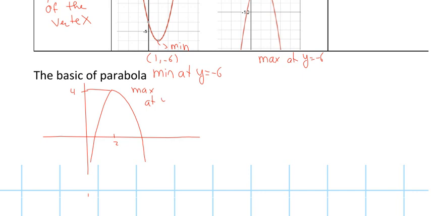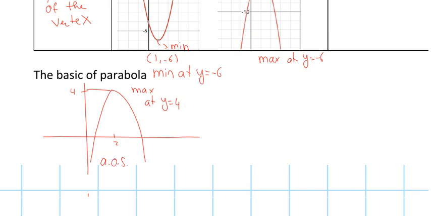This is what I'll be looking for. When I ask you for your optimal value, you're going to have to state it that way. Okay? What would be your axis of symmetry here? X equals 2. Get used to saying it. Okay? So, the optimal value is max at y equals 4. The axis of symmetry is x equals 2.